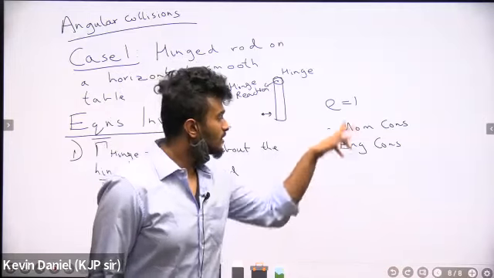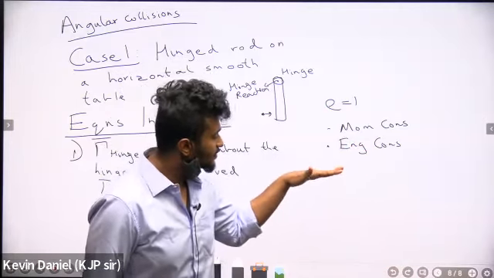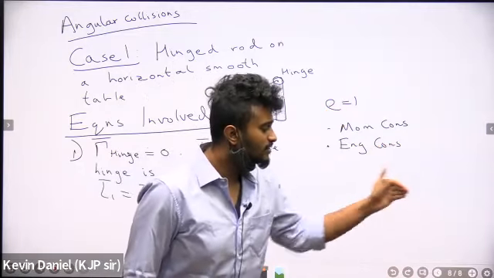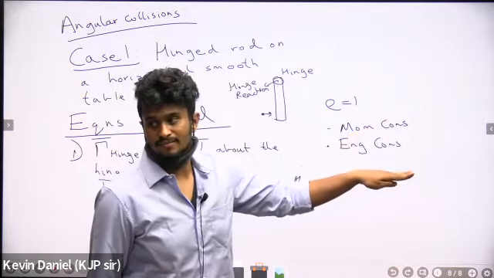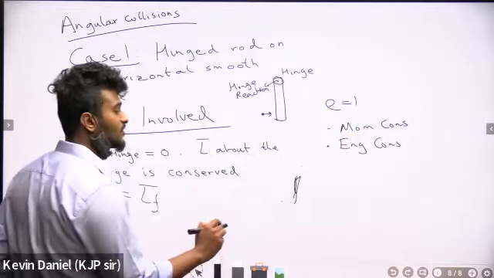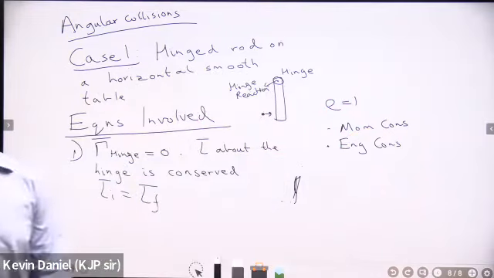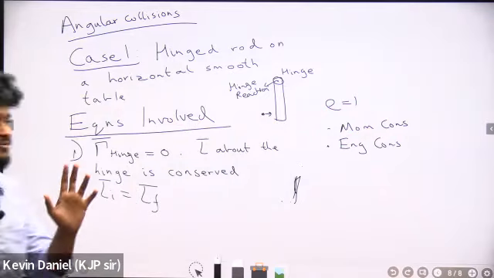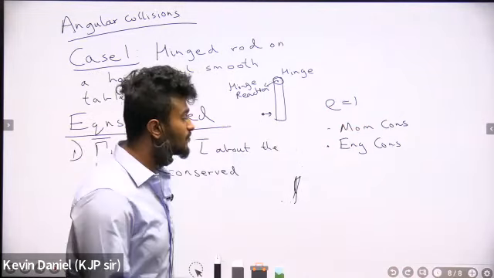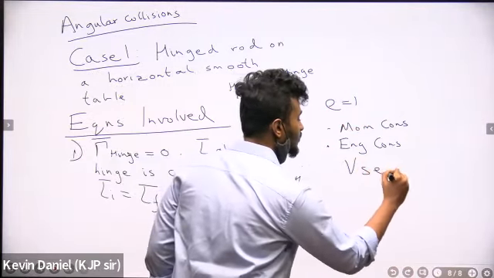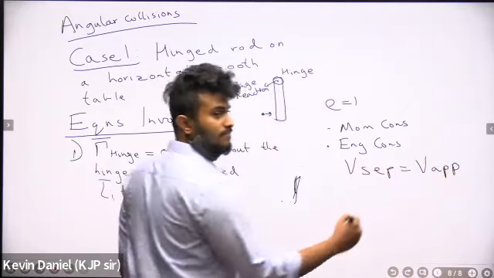If you have seen how the coefficient of restitution was derived, people wrote the energy conservation equation, half m v1 squared and v2 squared, solved it simultaneously with momentum conservation, and proved that for elastic collisions velocity of separation is velocity of approach.